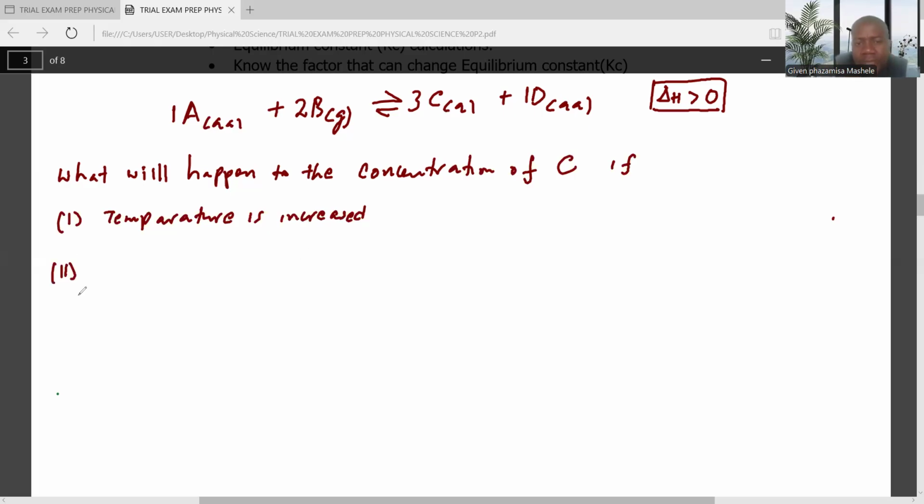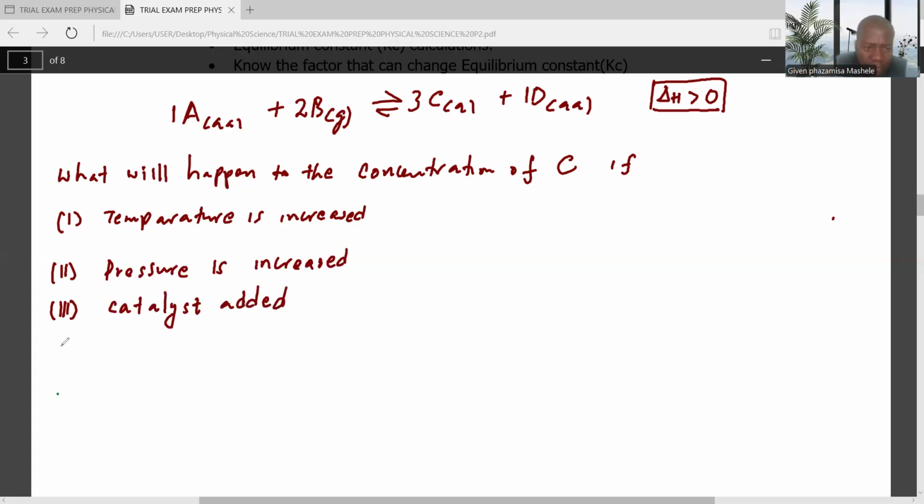Secondly, pressure in gases, or pressure is increased. Number 3, catalyst is added. Number 4, concentration of A is increased, or they've added more of A.